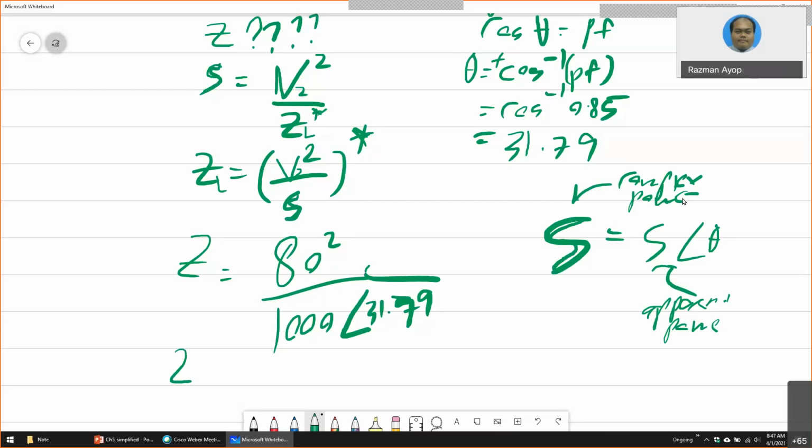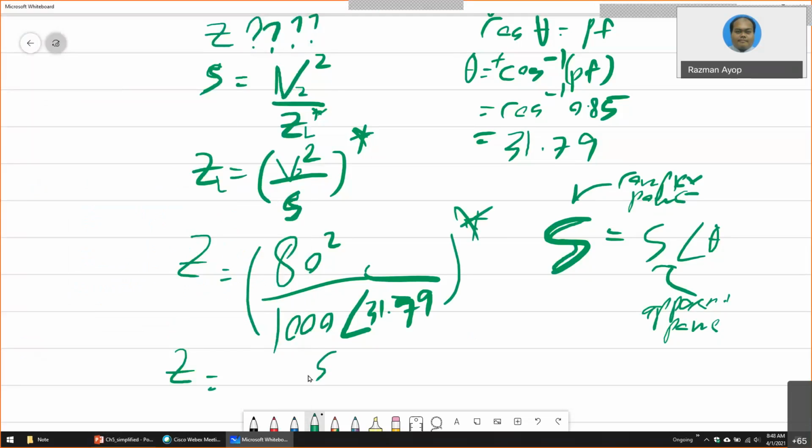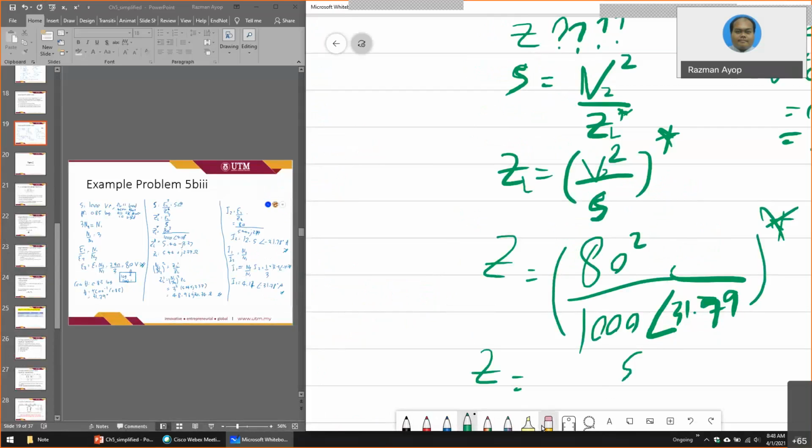Then you get Z equals, and don't forget conjugate. Use your calculator. For this one you get 5.44 plus j2.37.